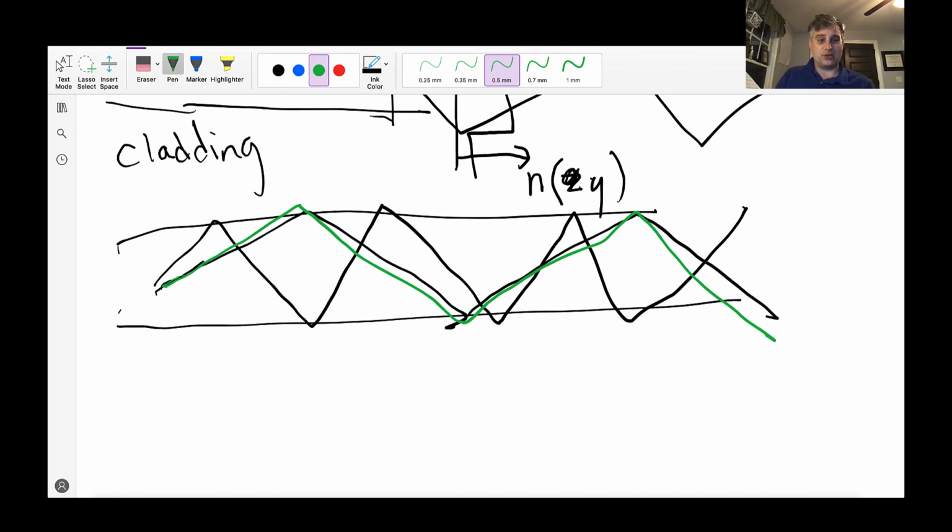In fact, the way I've drawn this, the green one clearly has a shorter path down the waveguide.